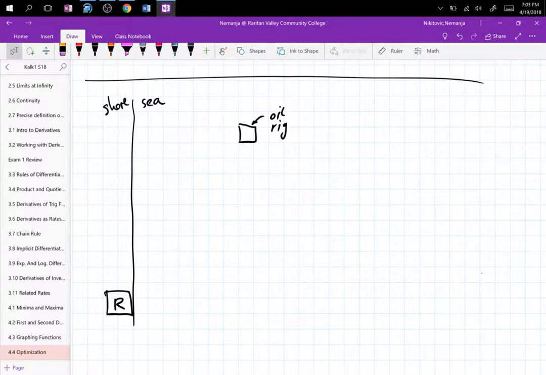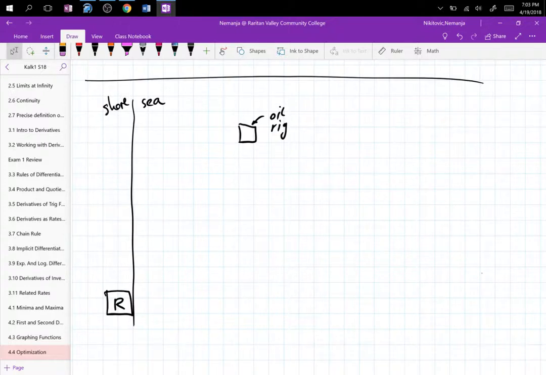Now, the issue with building a pipeline is that pipes that are built underwater and pipes that are done on land are different cost, right? Because it's a different technology and much harder to set up pipes underwater. So I really don't know exact numbers, but we can make up anything. It will serve the purpose for the problem.